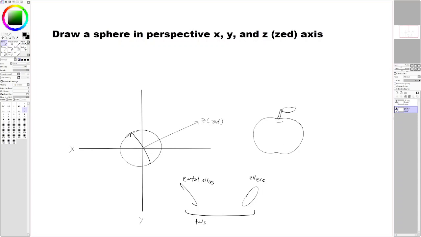But with apples, you're probably going to want to use a variation of a partial ellipse. It's not so much an ellipse like you use on something like this, but when you're showing the curvature, let's say it dips there, you have to show it like that. So if you use these tools, like a partial ellipse that conforms a bit to the 3D shape and 3D space, that can help you better understand the curvature around the thing.